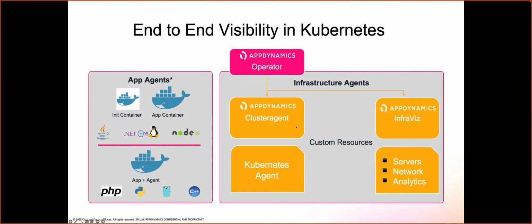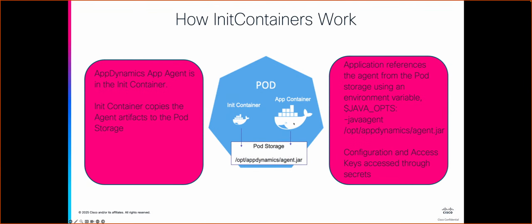I would anyways. And now those init containers, I mentioned before some of the options that you have of deploying, and I'm sure you saw that there were more than just init containers listed there, but init containers are probably the most used way of deploying, and it does it by having that agent live in the init container and associated in the same pod to the application that it would need to be run.